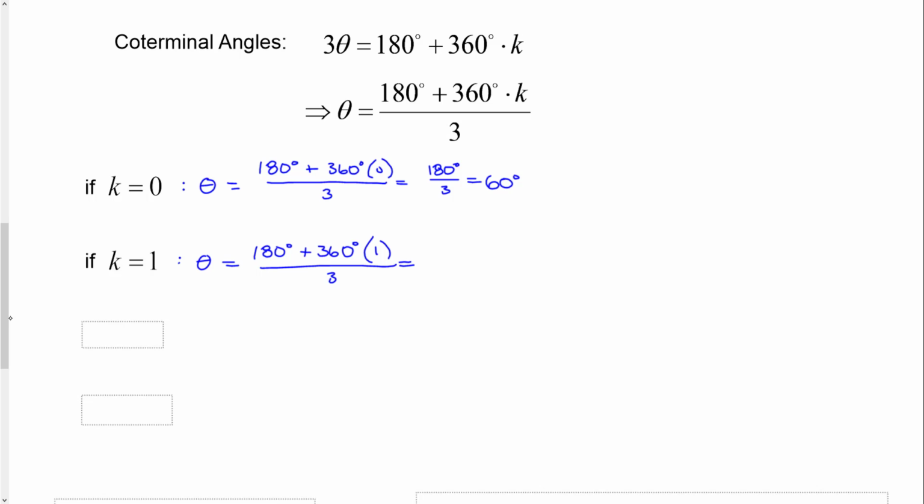This would be 180 plus 360, which is 540. 540 divided by 3 is 180.